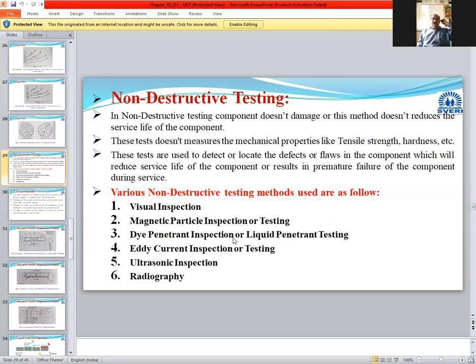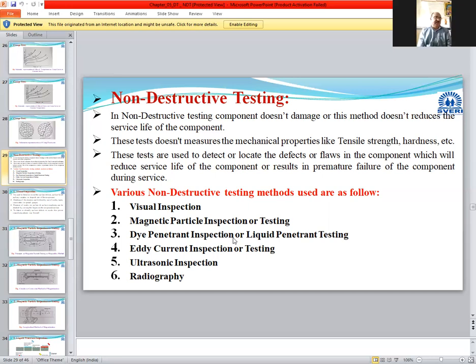So what is destructive testing? Destructive testing means we can test the component, and after this we cannot reuse that component. This is destructive. So which type of test have we studied under this?